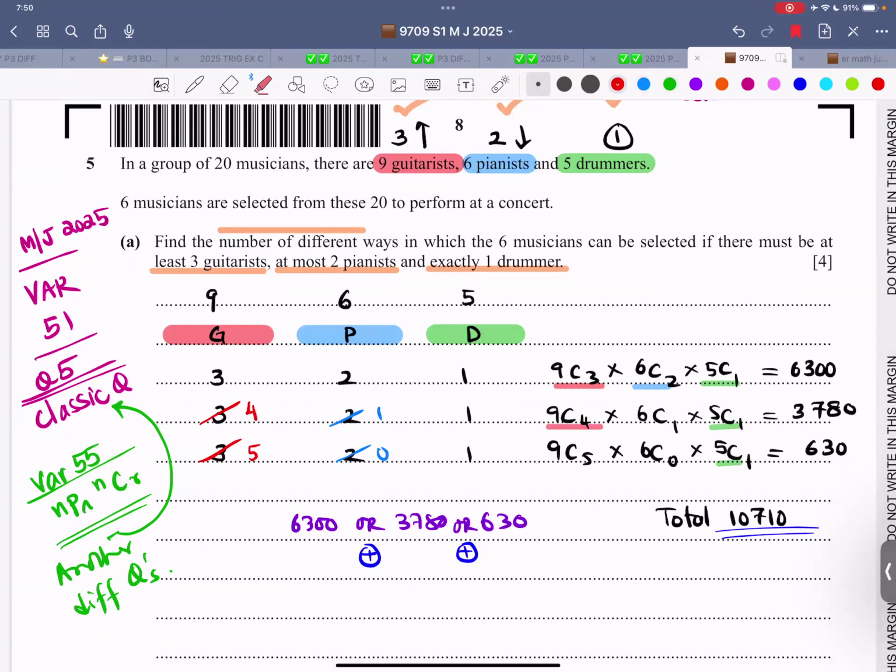And then this is 9C4 and this is 6C1. This is again 9C5, and this is 6C0. Write down all the different options: 6300, 3780, 630. Add it all up and you get this answer. So that is how this particular question is done. That is for 4 marks.